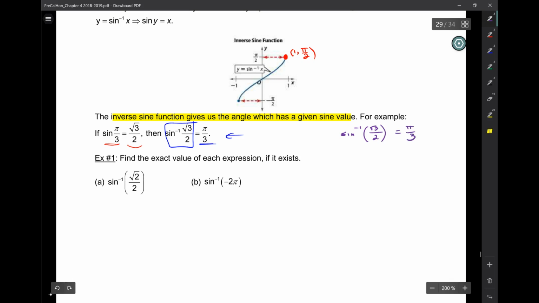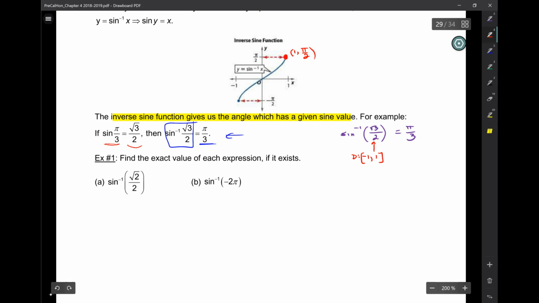If the inverse sine is the function f, then in f of x, the stuff in those parentheses is the independent variable. That's your domain. So x represents your domain, and in this case, it's from negative 1 to 1.